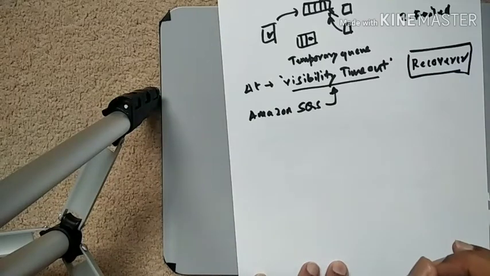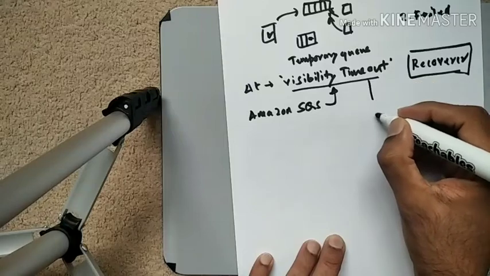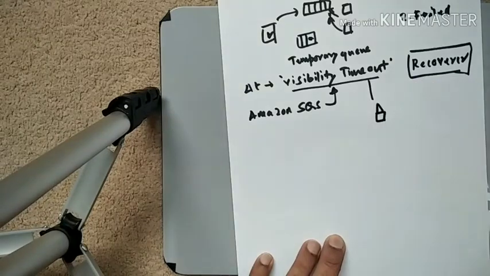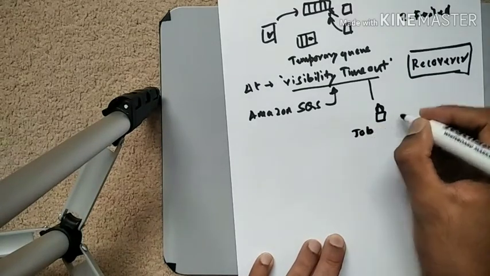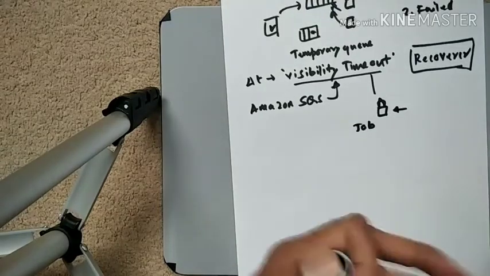Now we can think of visibility timeout as a lock on a job placed by a worker to indicate that it is working on it.